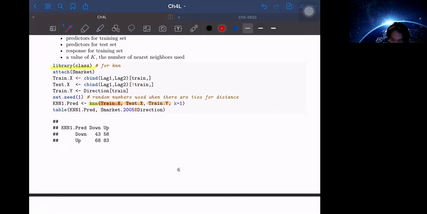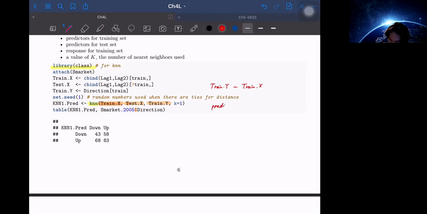In the past, basically we regressed the training set, the train Y tilde train X. This is the format for logistic regression and LDA, QDA. And for the test performance, we use the predict function.